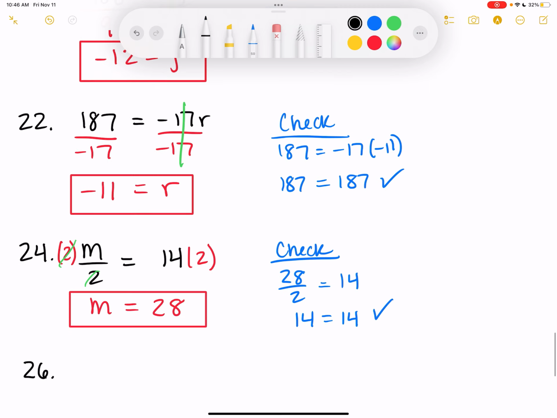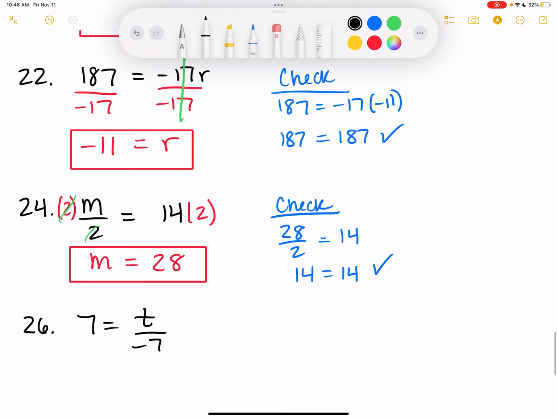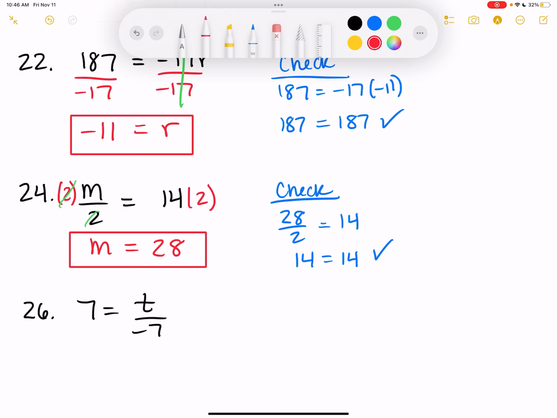26. 7 equals t divided by negative 7. So I do this one. Yep. Multiply by negative 7. Ones on the right are canceling. Leaves you a t on the right. So negative 7 times 7 is?